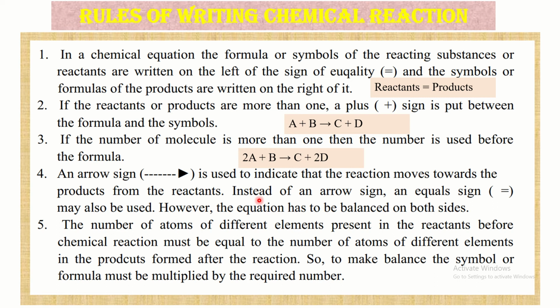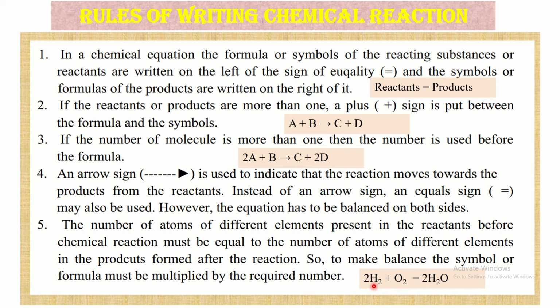For example, hydrogen and oxygen make water. Look, H2 plus O2, H2O. This is the reaction. But if we write H2 plus O2 gives H2O, then this equal sign cannot be put here. If we give an arrow sign, that is okay. But sometimes the reaction must be balanced.